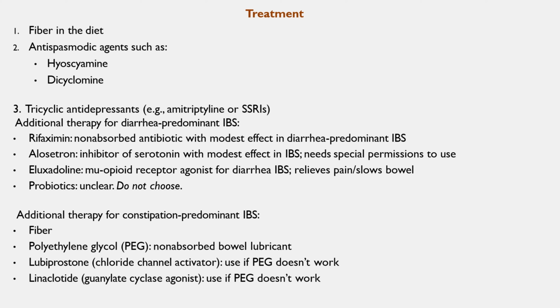Next, we need to talk about additional therapy for constipation predominant IBS. In this case, number one, we can use fiber. Number two, we can use PEG, which is polyethylene glycol, a non-absorbent bowel lubricant.